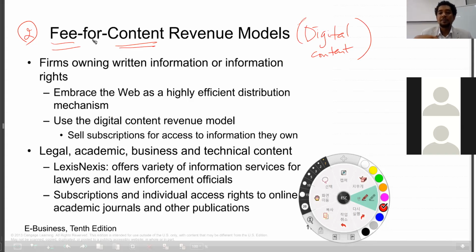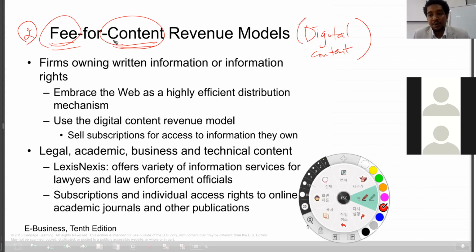With these web businesses, you pay a fee for content that you get from the website, or from the web business. So firms owning written information or information rights embrace the web as a highly efficient mechanism.